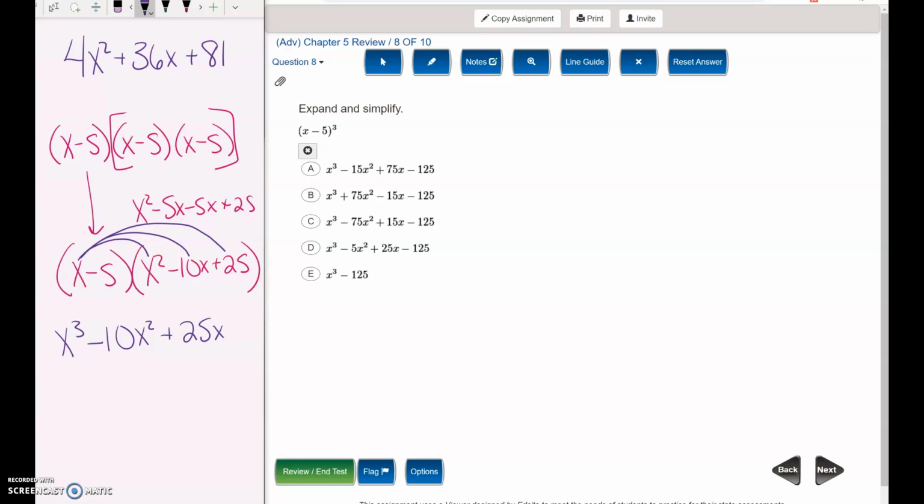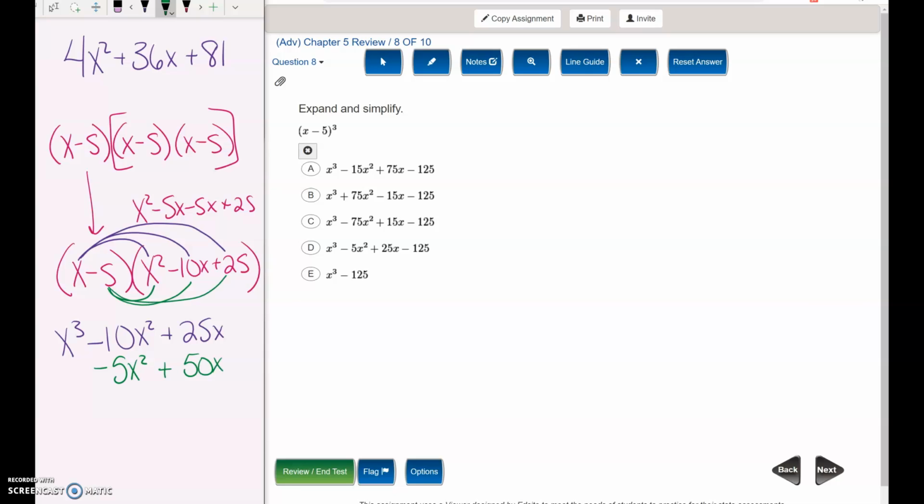Now you might notice that I'm running out of room on my space right here. When I do the next distributing, I'm going to stack my like terms. So negative 5 times x squared is negative 5x squared. Stack that right underneath the other x squared term. Negative 5 times negative 10x is positive 50x.